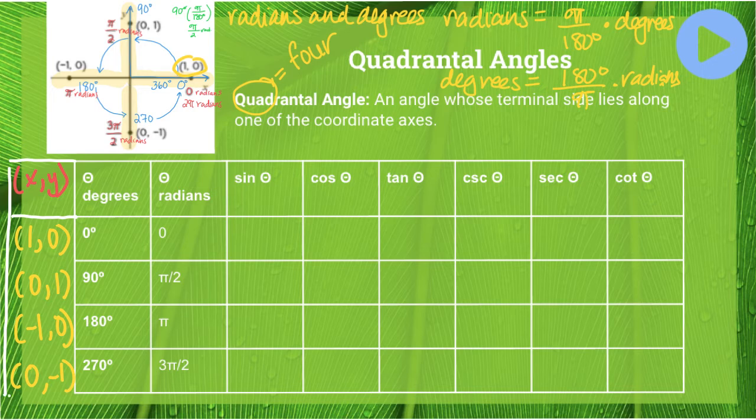So now as we fill in the sine, cosine, tangent, cosecant, secant, and cotangent, we can use each one of these ordered pairs to help us do that. We know from earlier that sine is y, cosine is x, tangent is y over x, cosecant is 1 over y, or the reciprocal of y.